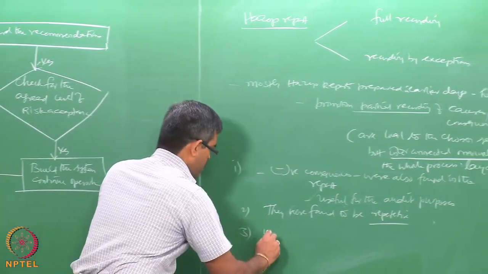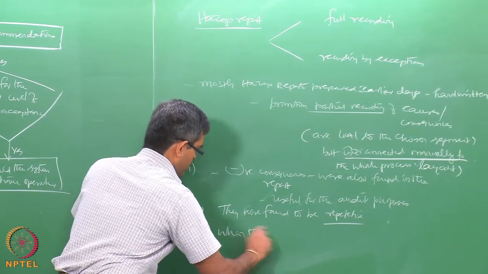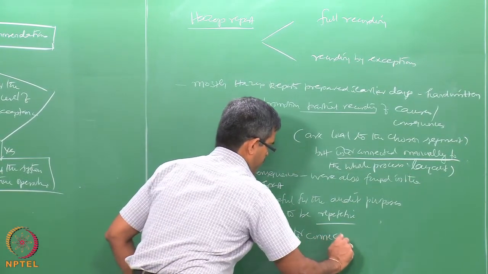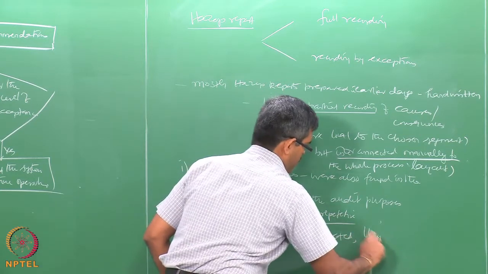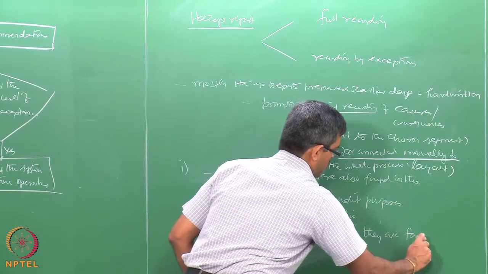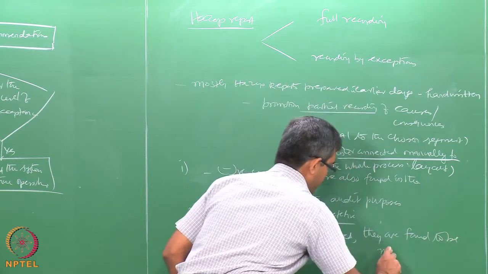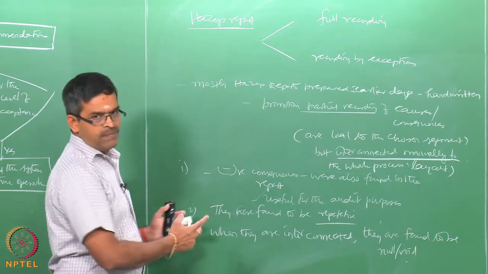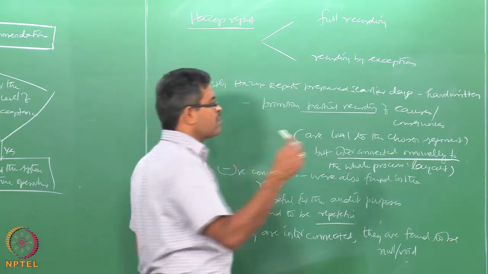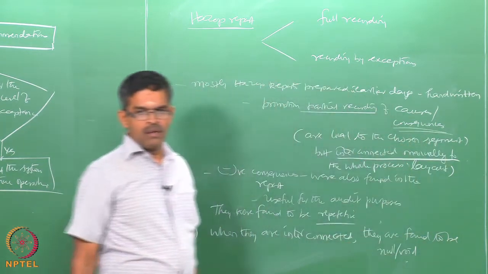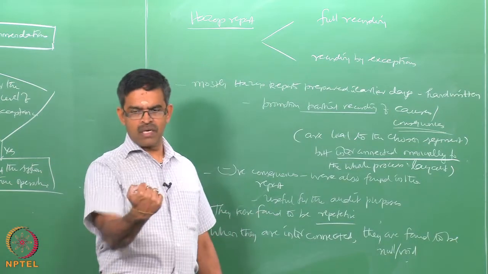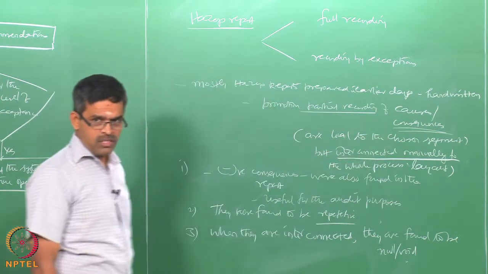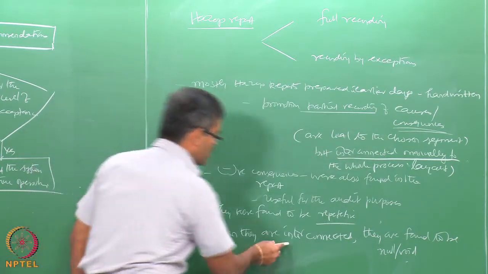Ultimately, when they are interlinked, they are found to be null and void, because that particular segment did not have safeguards to overcome the consequences, but the whole plant has a central control console which could overcome these consequences, which was noticed subsequently when the interconnection happened.